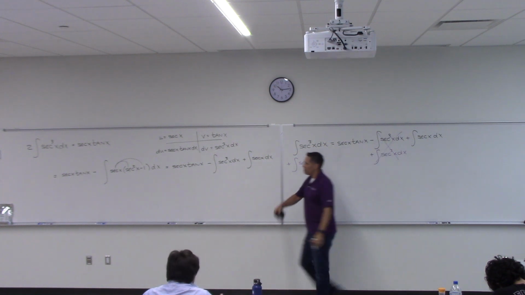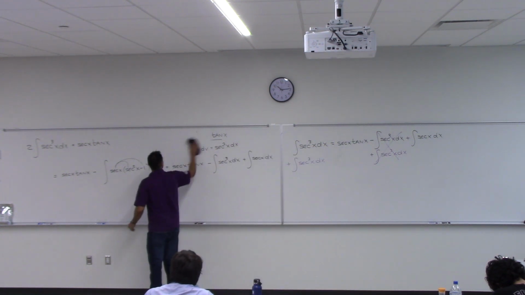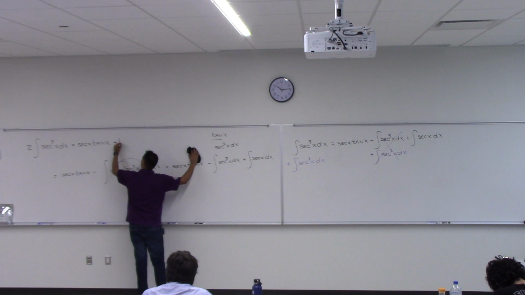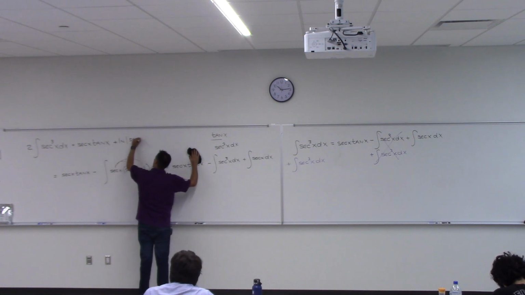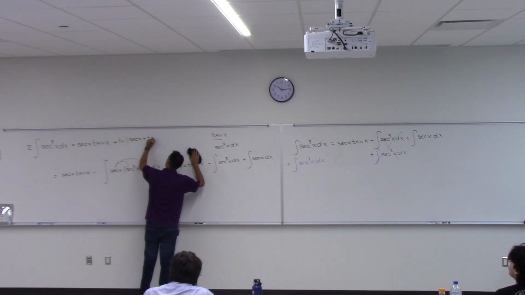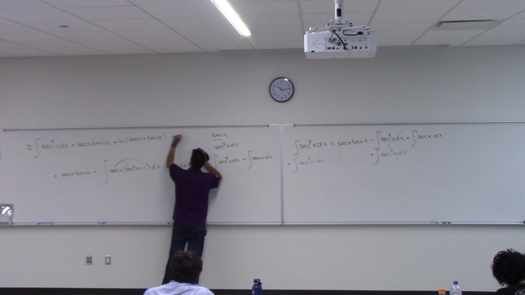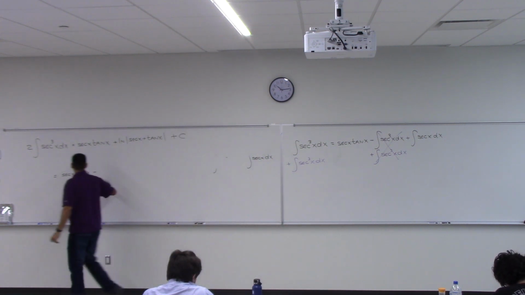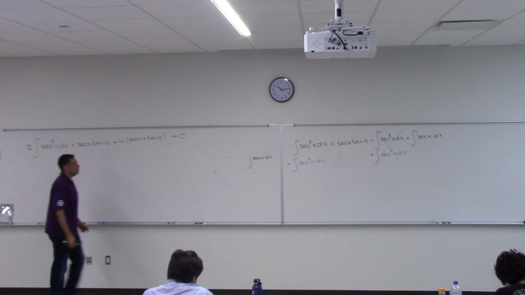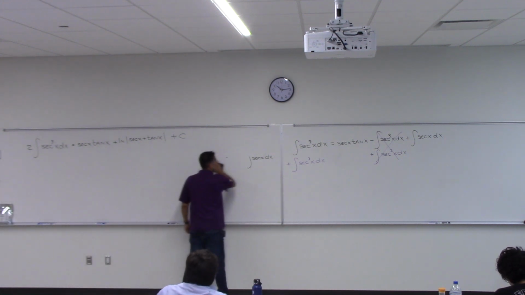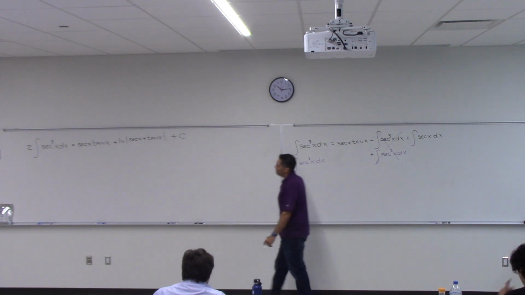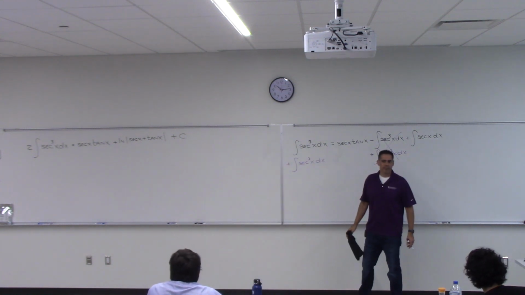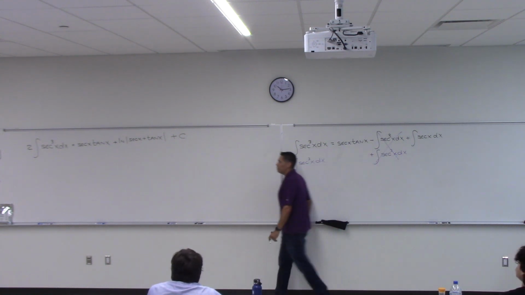Which we know we could go to our formula sheets or just look at the first problem I did today. This is plus natural log of secant x plus tangent x. And I may as well just put my plus c now, because I technically have taken an antiderivative at this point when I did the antiderivative of secant. One more step. Divide by 2, right?